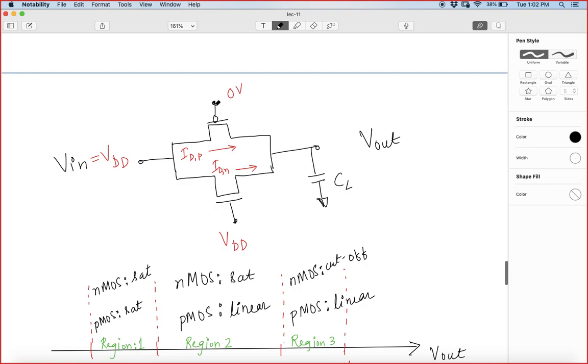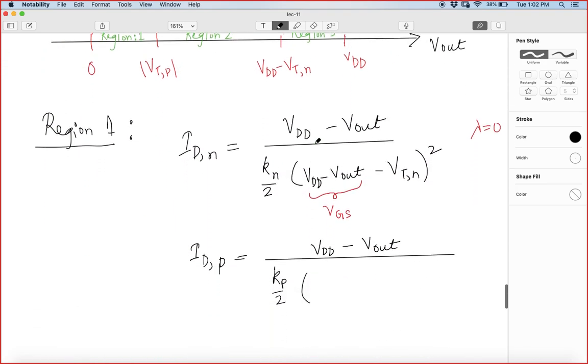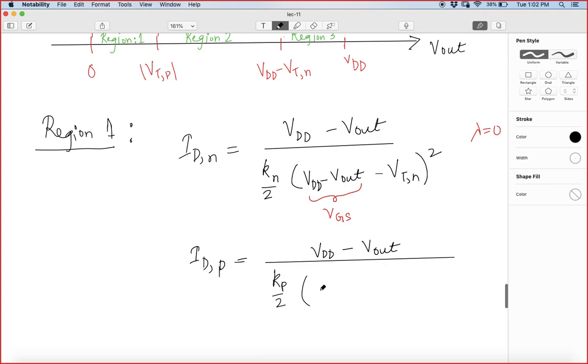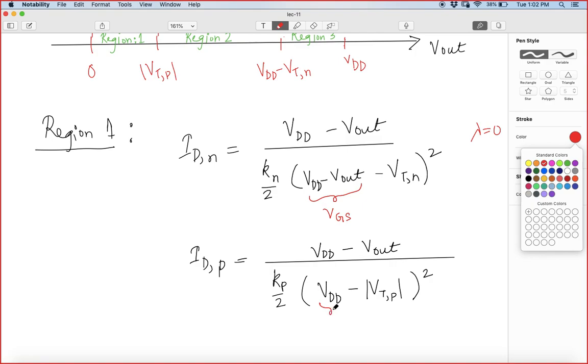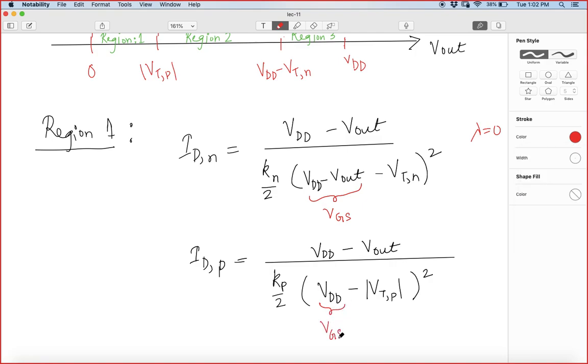So this happens to be VGS, and this happens to be the drain. In case of the PMOS, my VGS happens to be VDD, so VDD minus VTP. So this is my VGS, or VSG, whatever. Like in case of mod, I should say mod VGS in case of the PMOS.